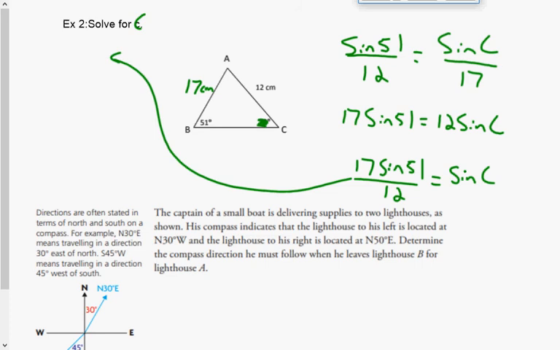Now I'm going to punch this into my calculator. You're going to go 17 times sine 51 divided by 12. If you're going to use brackets, you'd close the bracket behind the 51 and then divide by 12. If you do that, you can do it all in one step.